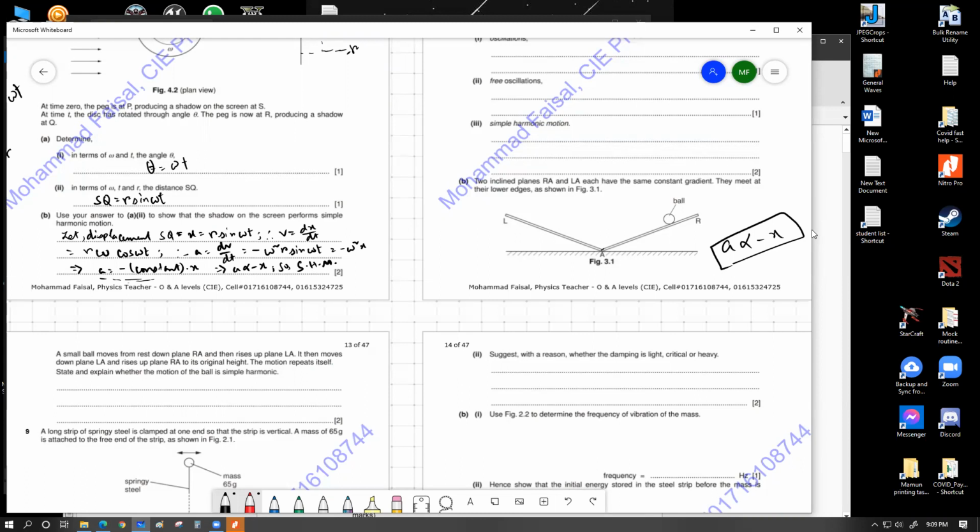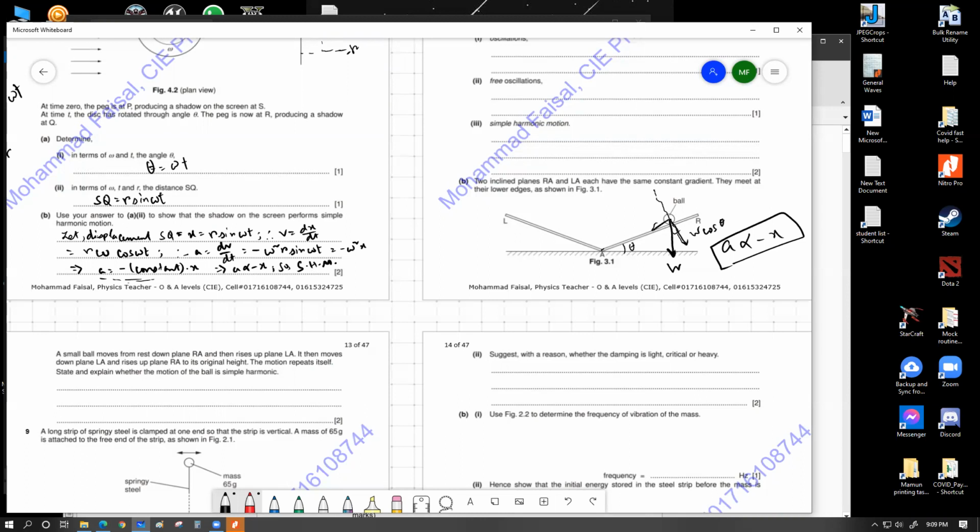A is the lowest point of this motion. Now, what you need to see: if the weight of the object is working this way, and there is an angle over here, let's say theta, and if I draw a vertical line over here, along this line we would have W cos theta working.